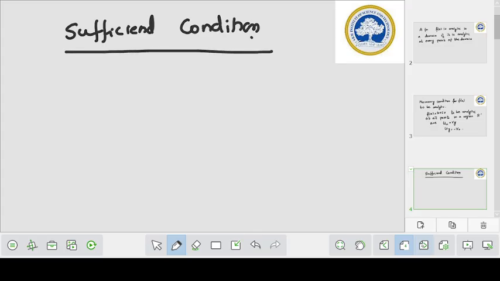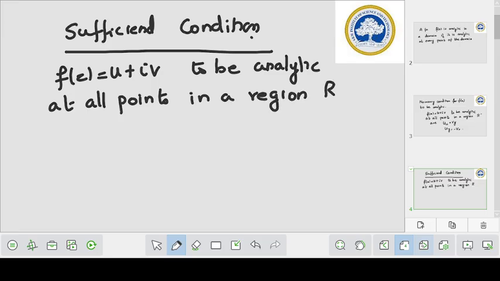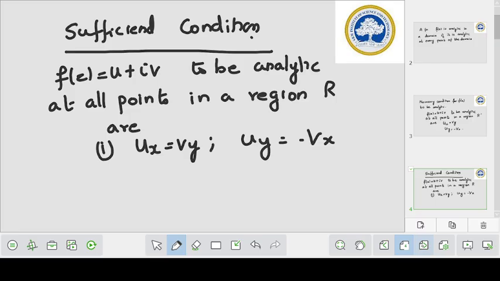The sufficient condition for a function f of z equal to u plus iv to be analytic at all points in a region R: the first condition is ux equal to vy and uy equal to minus vx, and this one we call the CR equations, or Cauchy-Riemann equations.